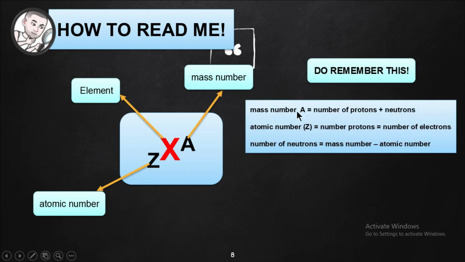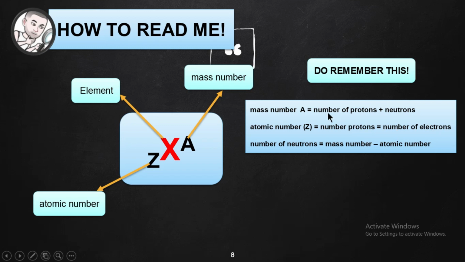Yung mass number or letter A, equal yan sa number ng protons plus neutrons. Meaning to say, you have to add muna si protons sa si neutrons para makuha mo si mass number. Next, atomic number or letter Z, this one, is equal sa number of protons at equal sa number ng electrons.